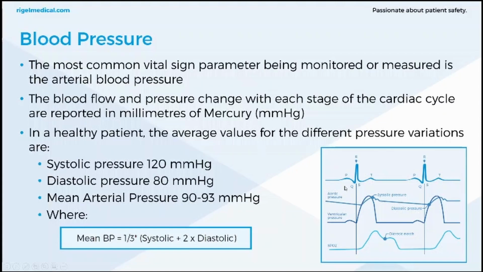So systolic, not long after cardiac depolarization, and your lowest aortic pressure is just before, or just after depolarization of the QRS complex. So obviously there's a bit of a delay between your heart contracting and the blood reaching the arteries.